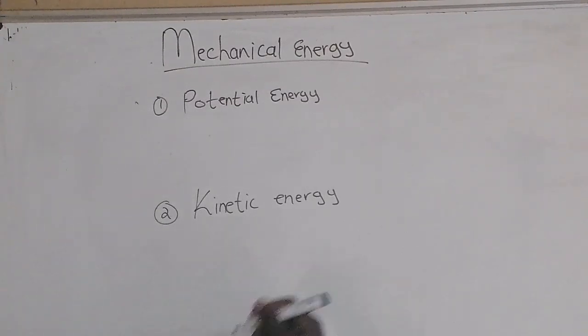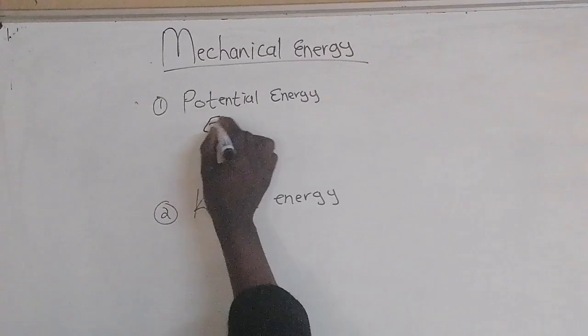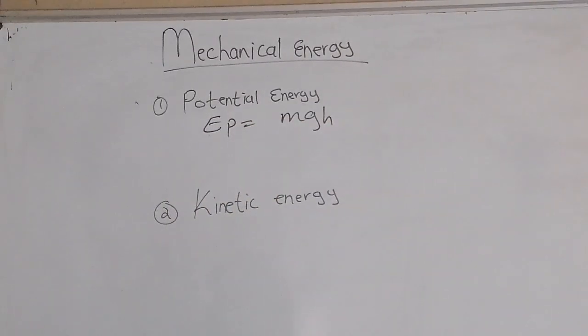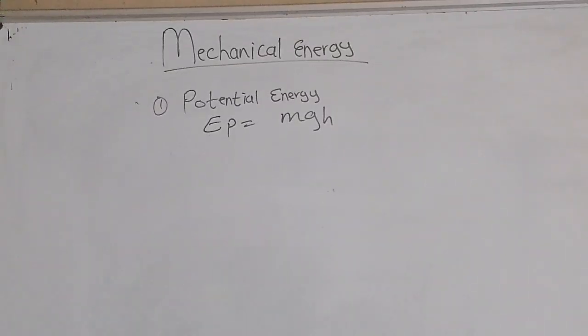Now, potential energy has a formula that says EP equals mgh. EP equals mgh. Let me just erase this, then we'll talk about it after discussing the potential energy.